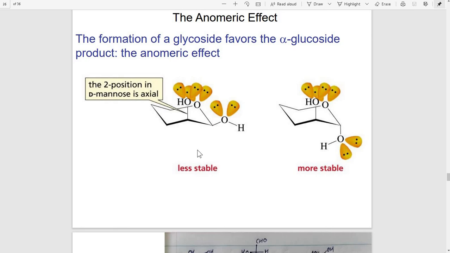See here, in the beta compound there is a lot of steric hindrance of lone pairs. See, the lone pair of this oxygen, the lone pair of this oxygen, and the lone pair of this oxygen are together, and a lot of steric hindrance occurs. But compared to this, the alpha compound has less steric hindrance. That's why it is more stable.